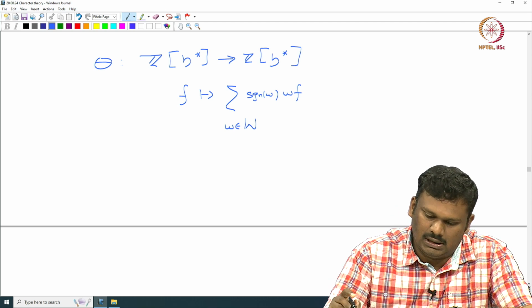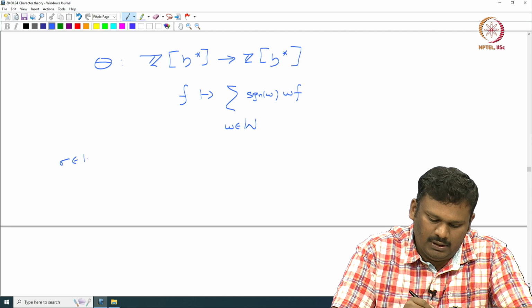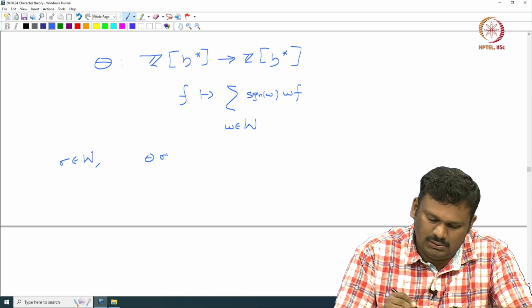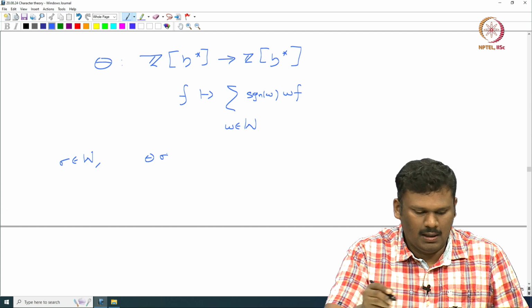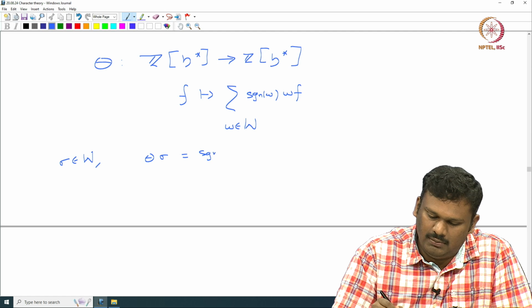Now it is not hard to see that if I take some sigma from W and apply sigma to theta, you get exactly the sign of sigma times theta.